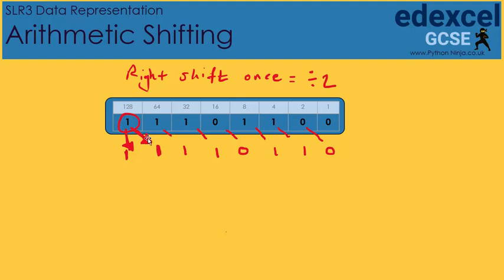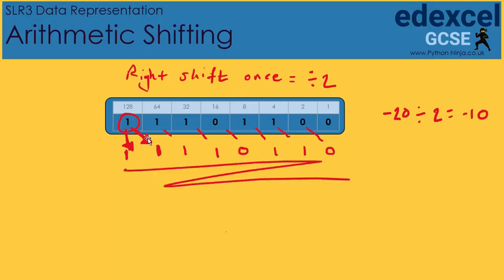So we've already said that this value is equivalent to minus 20. So minus 20 divided by 2 in denary is of course minus 10. So is this number minus 10? Let's check and see. Pause the video and calculate this negative binary number to see if it is minus 10.